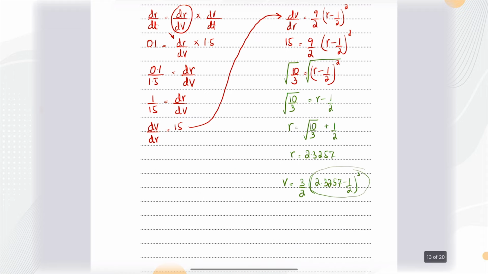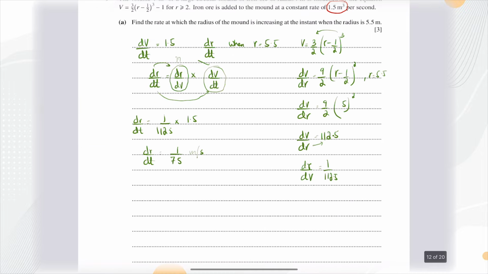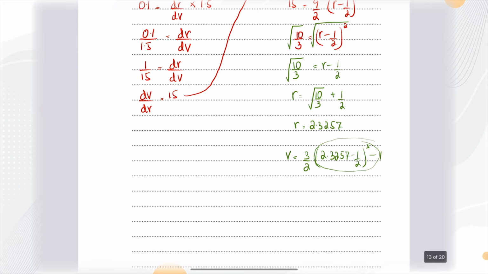Oh, okay. Oh yeah, you're right. Thankfully we got away with it when we were differentiating it, because the differential of minus 1 would have been 0. So got lucky once, couldn't get lucky twice.